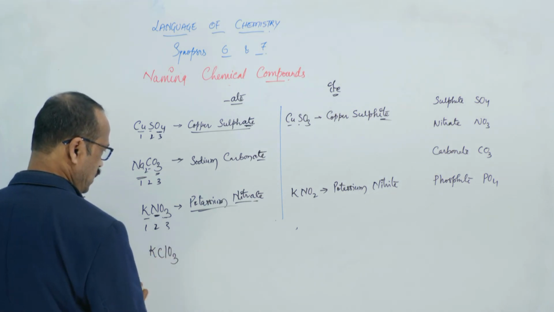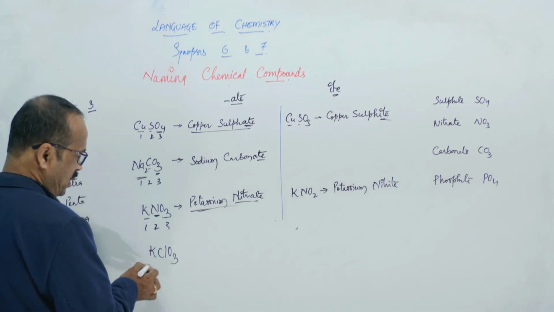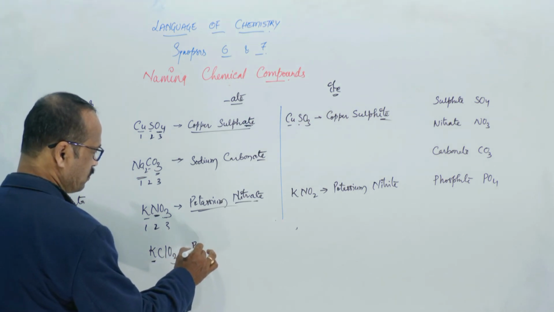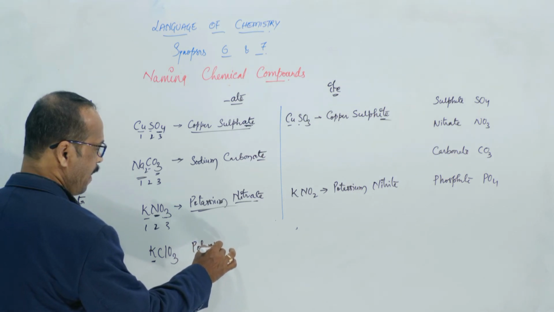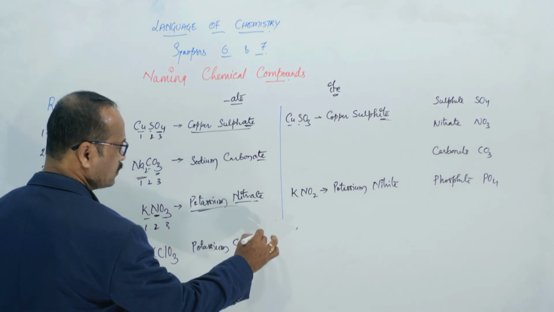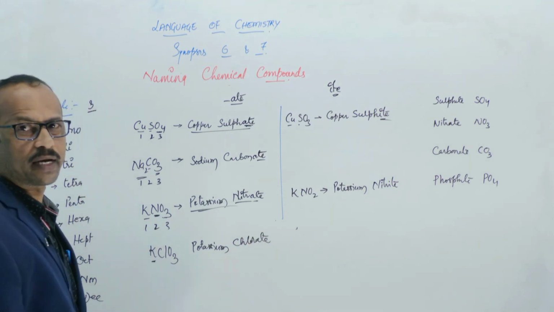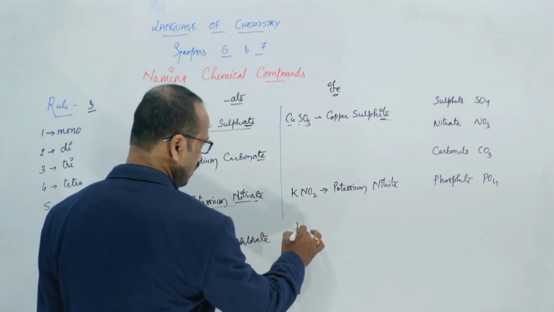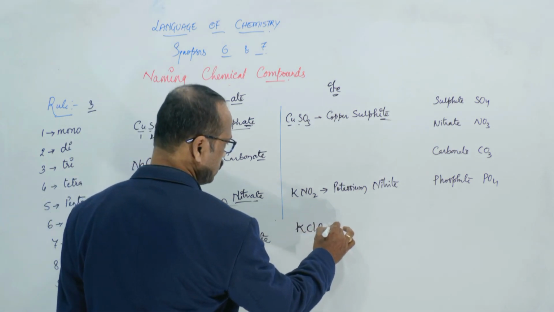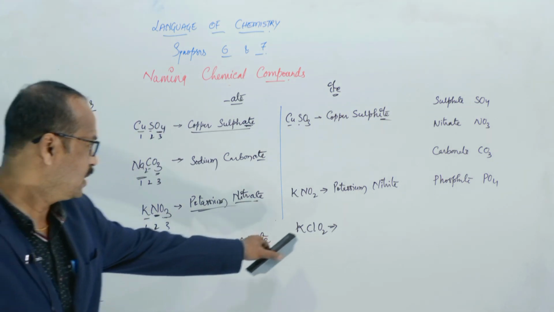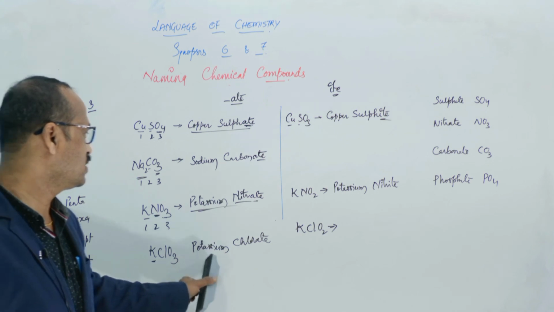Now for example, KClO3 we take. So now say what's the name of this one? Here K. K is what? Potassium. Okay, potassium. And here it is what? ClO3 is called a chlorate. Now, if the formula is like KClO2, then what is the name for this one? KClO3 is potassium chlorate.